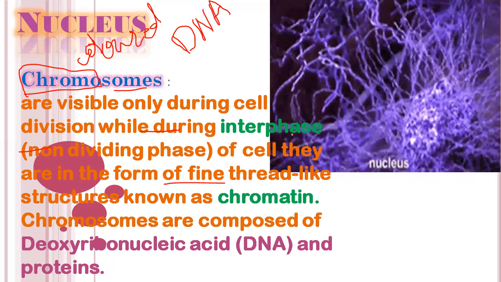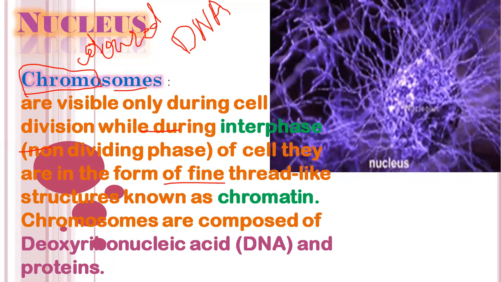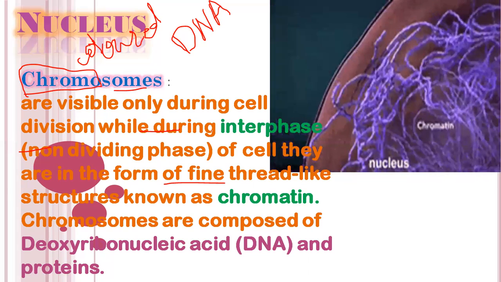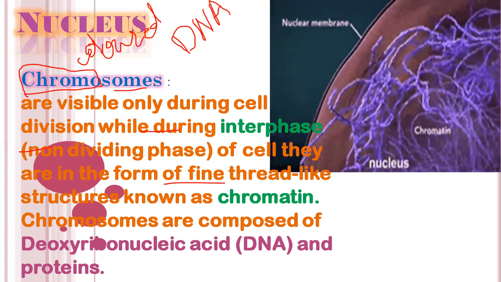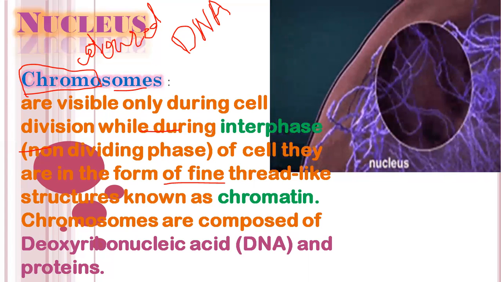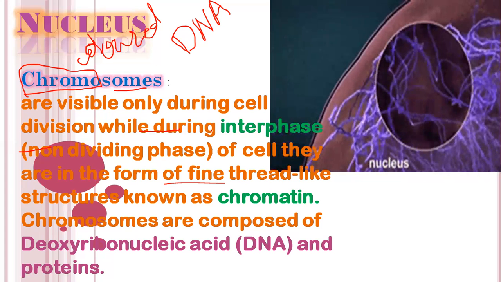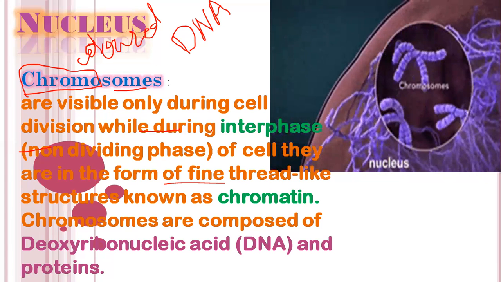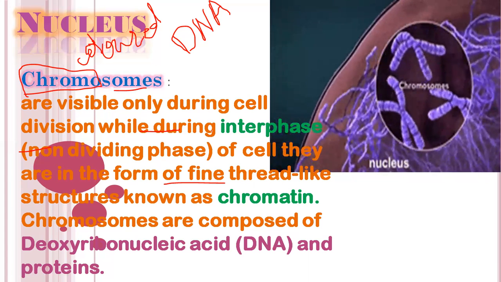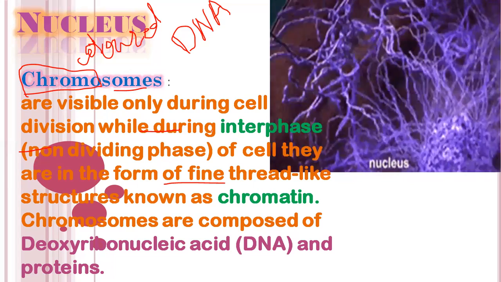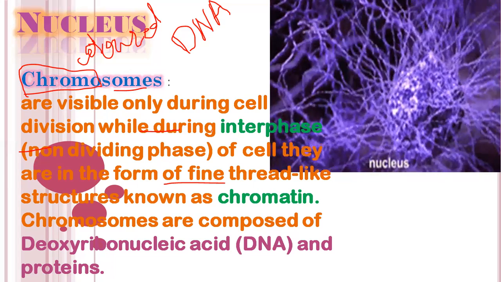Interphase, phase means the stage, inter means between. So this is the stage between two divisions of the cell, because the cell divides. As the cell theory says in its third postulate, the cell arises from the pre-existing cells.